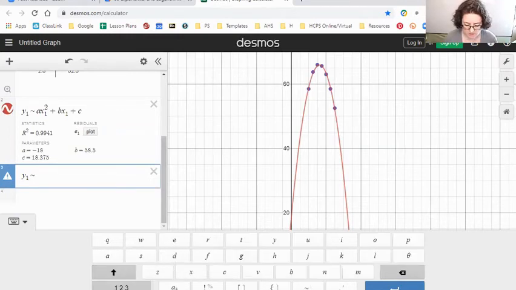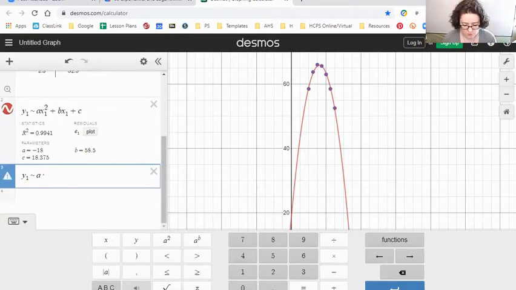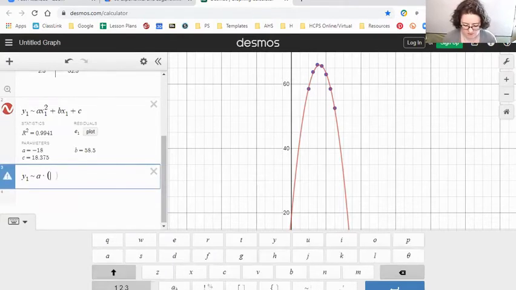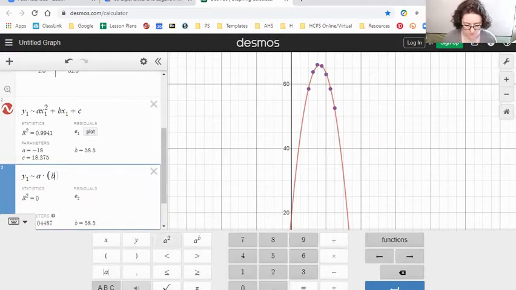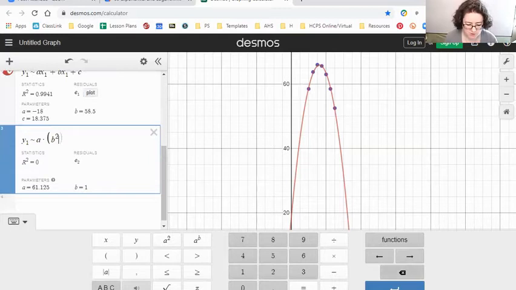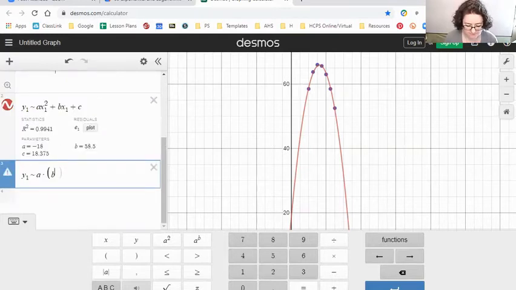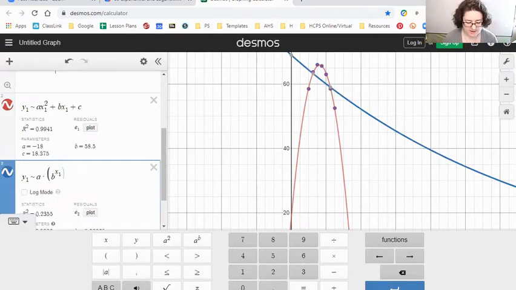We're going to go a times parentheses b, raised. Oops, I don't want to do squared though. So I'm going to use a raised to the b because that just pushes my cursor up, and then x1. So again, it's saying, hey, use the x1 and y1 data that we plugged in before, and then generate these values for a and b so I know what my best equation is going to be.